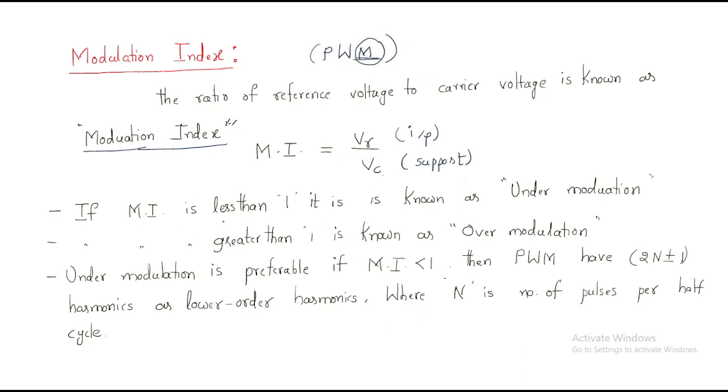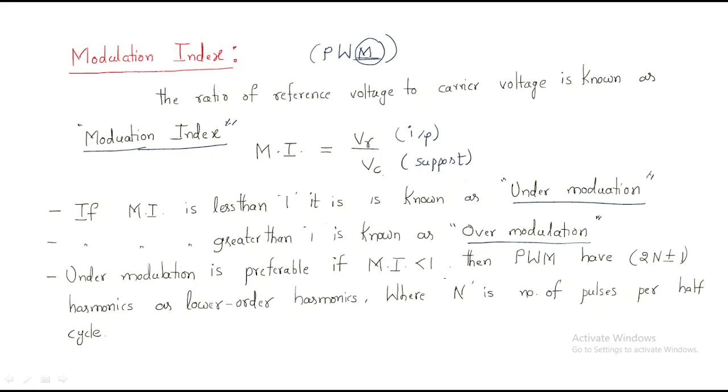If the modulation index is less than 1, it is known as under modulation. If the modulation index is greater than 1, it is known as over modulation. If it is less than 1, under modulation. If it is more than 1, over modulation.